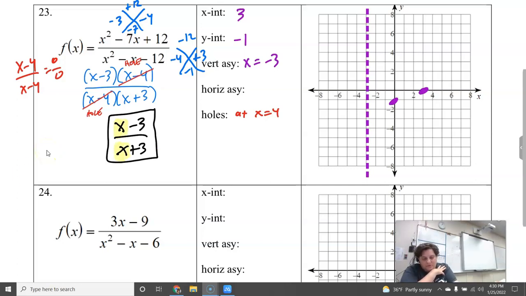You can do it on this one or on this one. It doesn't matter. Both of them are the same. It's either x squared or x squared, that's the same. So the coefficients are 1 and 1. So my horizontal asymptote is at y equals 1. Let me go ahead and make that asymptote.